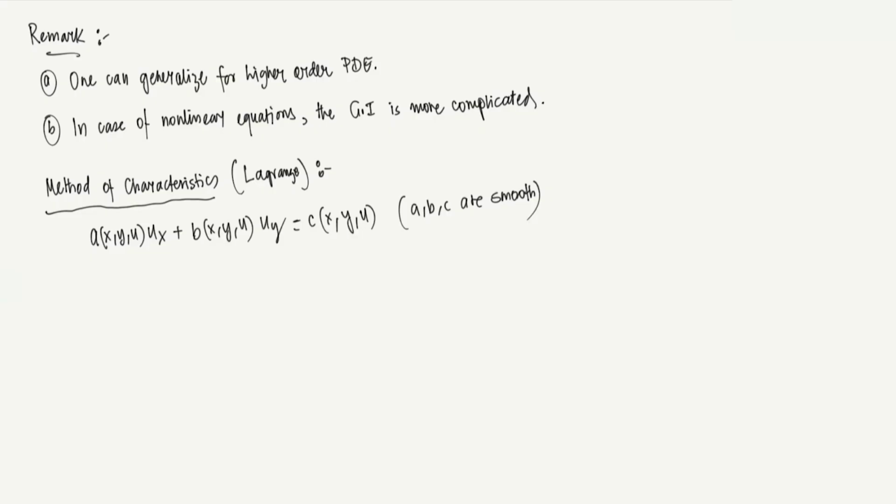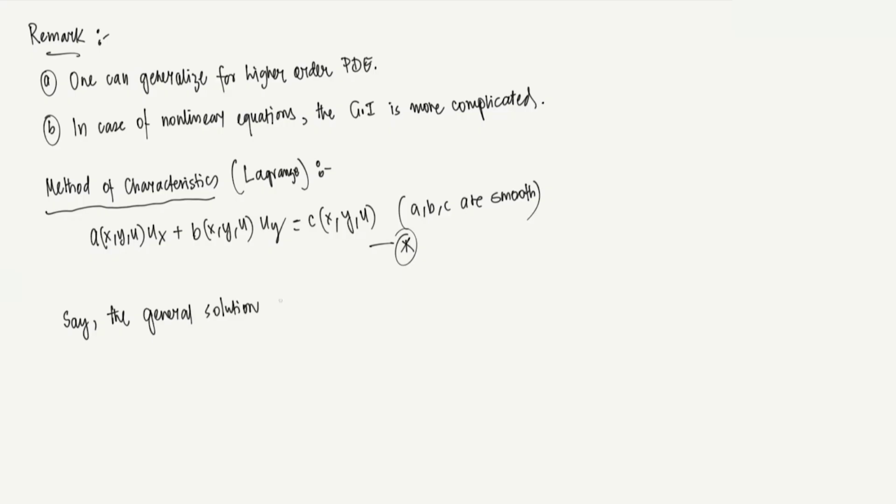Now, let's call this star. We want to solve this. Say the general solution. What do I mean by general solution? Basically all possible solutions. We are looking at a family of solutions which contains all possible solutions of star, if possible.